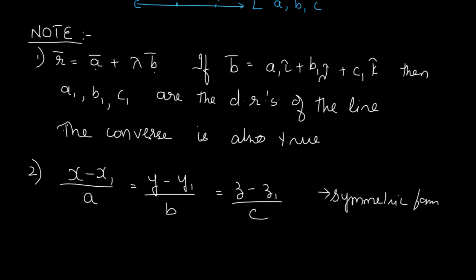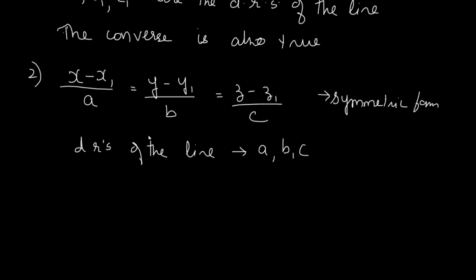Now, just look at this particular equation: (x minus x1) upon a is equal to (y minus y1) upon b is equal to (z minus z1) upon c. Just looking at the equation, we can find out the direction ratios of the line. What are the direction ratios of the line? The direction ratios of the line are a, b, c. The denominators a, b and c become the direction ratios of the line. Also, any point on the line has the coordinates x1, y1, z1.